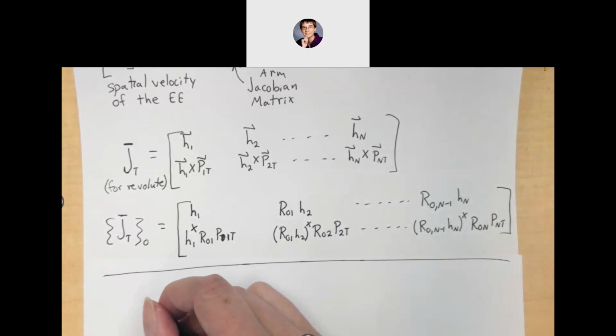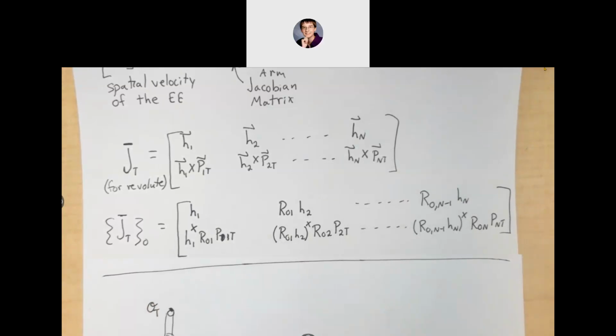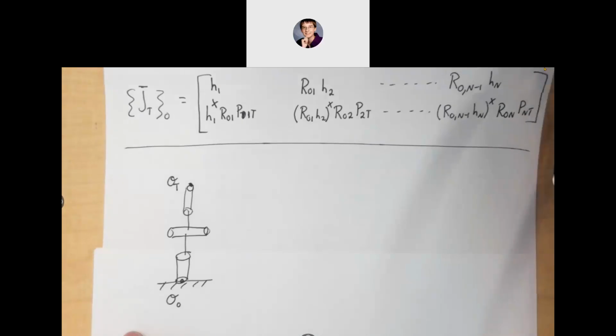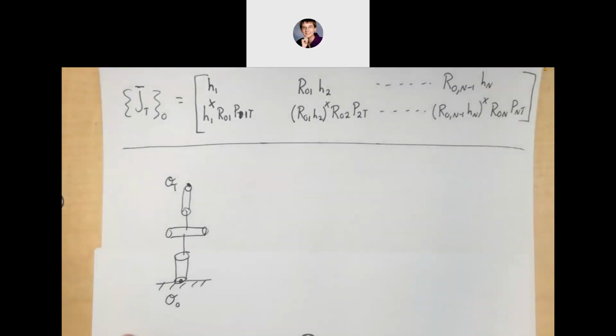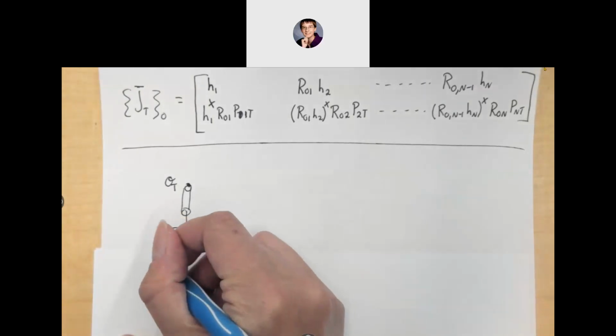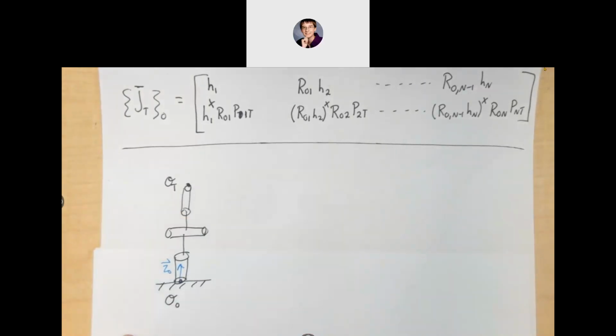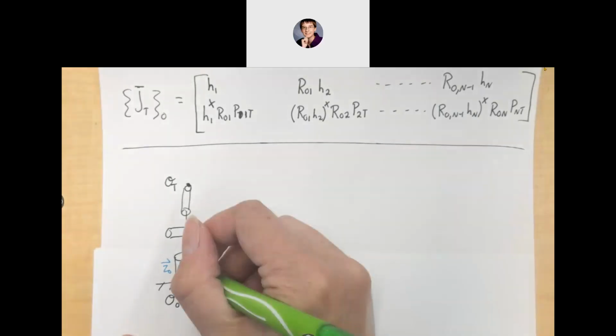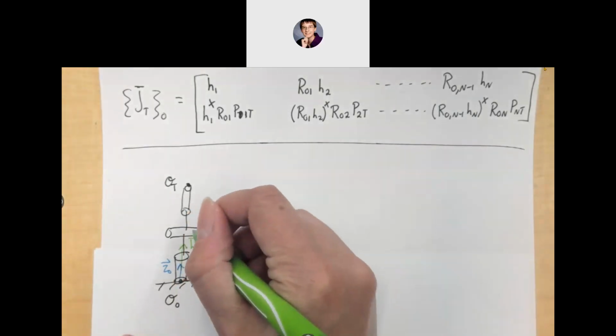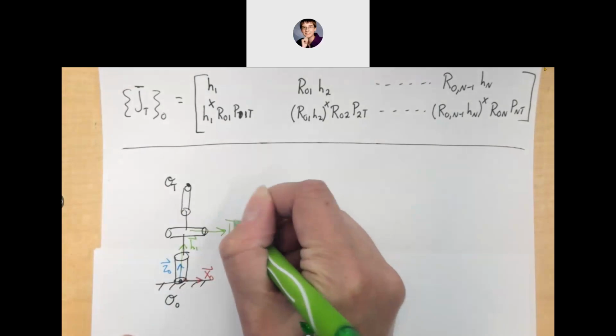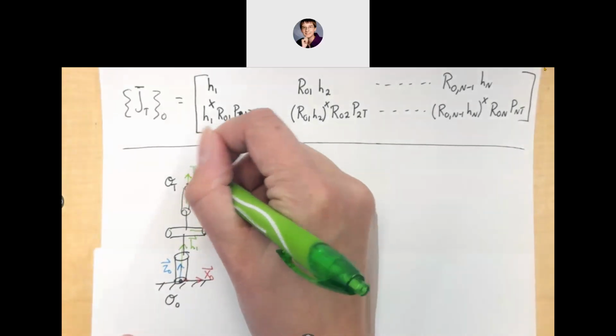okay, so let's make this my T frame. This is my O frame. And let's say our Z axis and our X and our axes of rotation, H1, H2, and H3.